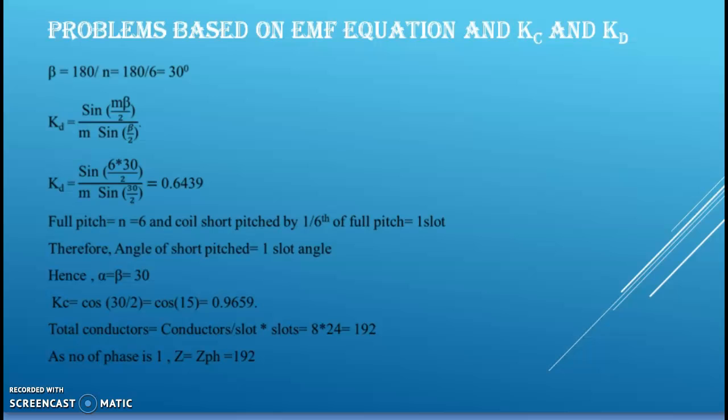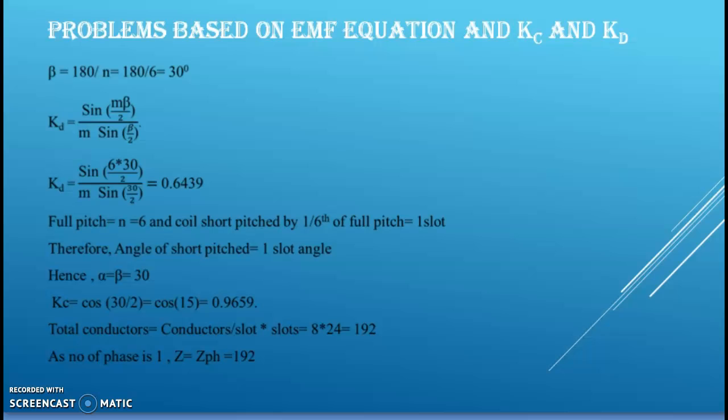So 1/6 of a full pitch, which is 6, means 1/6 into 6, so 6 will be cancelled, which is equal to 1 slot. So our coil is short pitched by 1 slot.